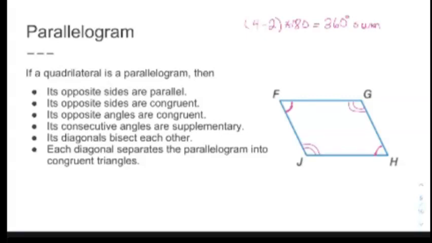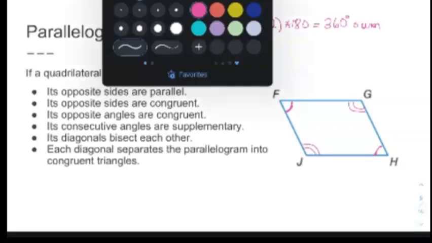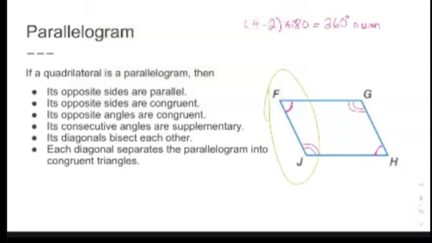Another point we can make, other than the fact that opposite angles are congruent, is that we can also look at angles that are consecutive to each other, and consecutive angles are supplementary. So angle F plus angle J would equal 180 degrees.